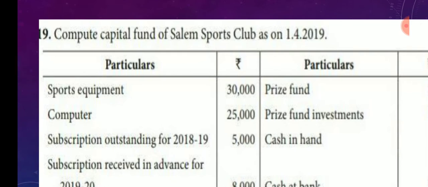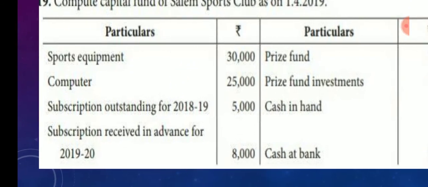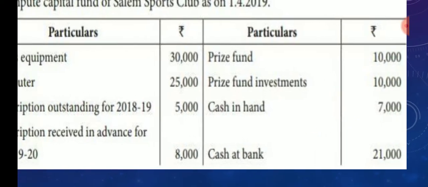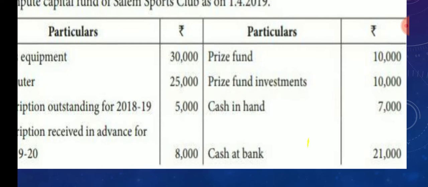Sports equipment 30,000, computer 25,000, subscription outstanding for 2018-19 5,000, subscription received in advance for 19-20 8,000, prize fund 10,000, prize fund investment 10,000, cash in hand 7,000, cash at bank 21,000.